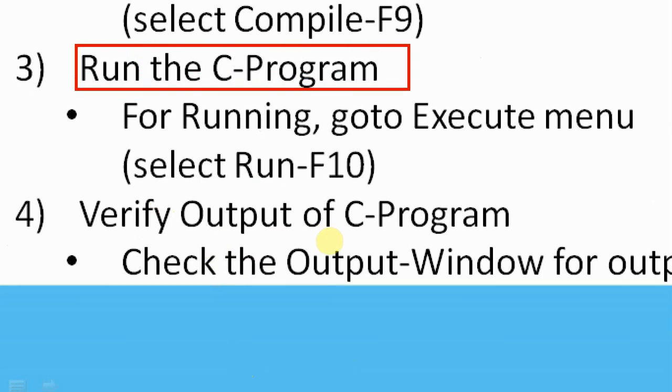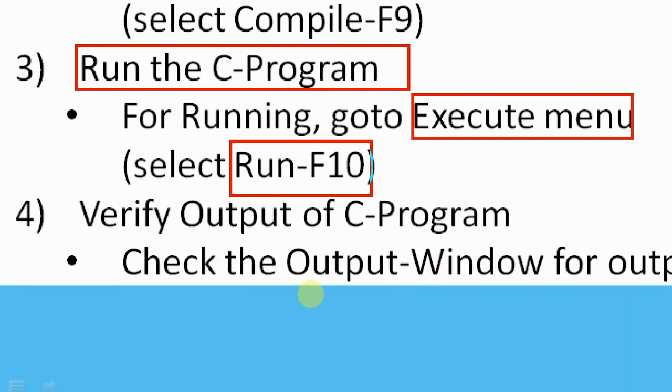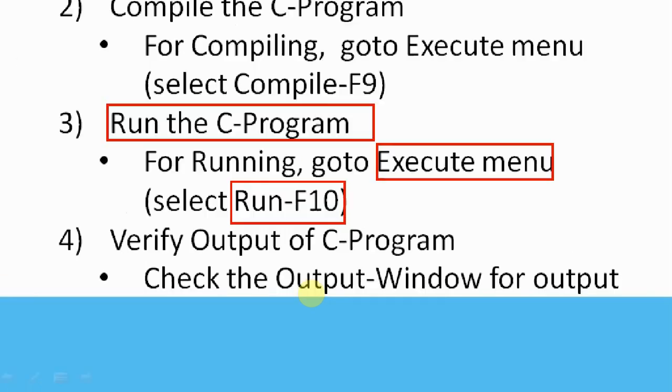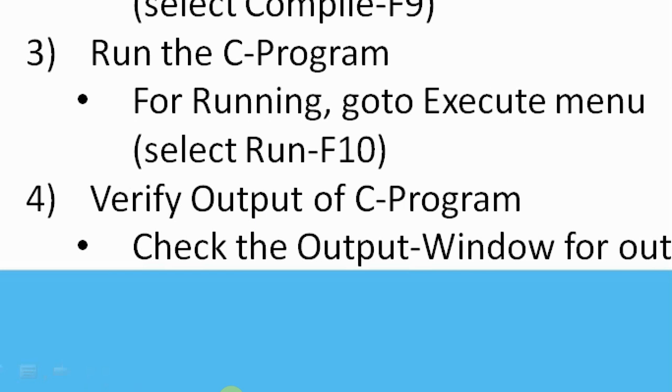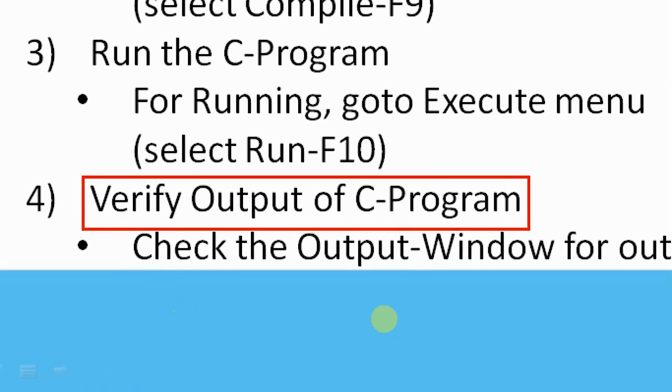For running we go to the Execute menu and select the run option, and the shortcut for run is F10. And finally step 4, we have to verify the output of the C program. The output window will be displayed once you run the program and you can verify your output.